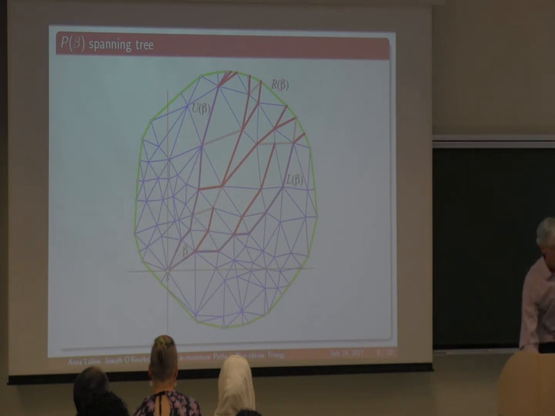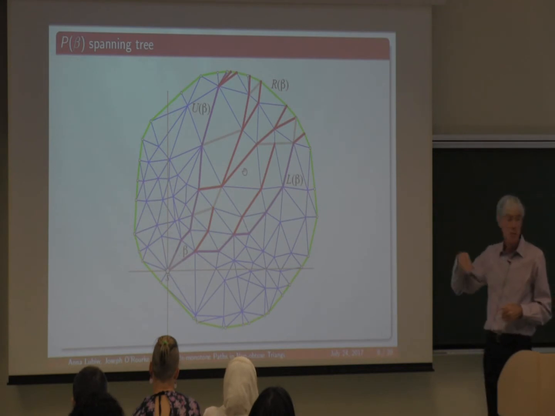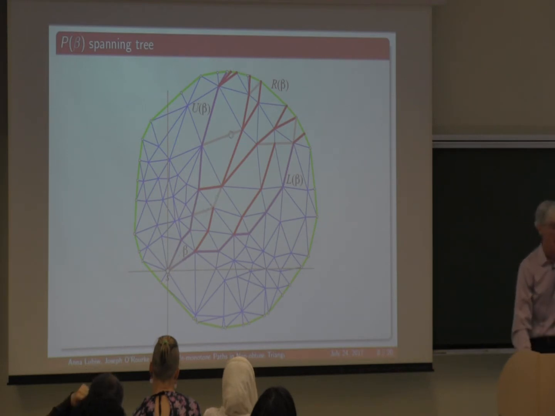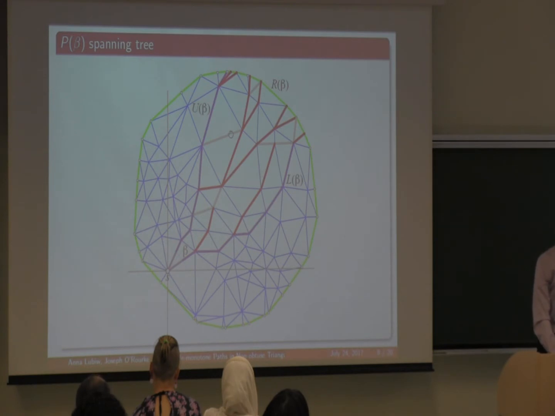And for a fixed beta, this is again the same picture, for every vertex that has more than one incoming edge, you could delete an edge and turn it into a spanning tree. So this is now a spanning tree where I've deleted this edge, and this edge, etc. So you can get a spanning tree in one of them, and now you imagine rotating around and getting all the vertices in the spanning tree, and that seemed positive.